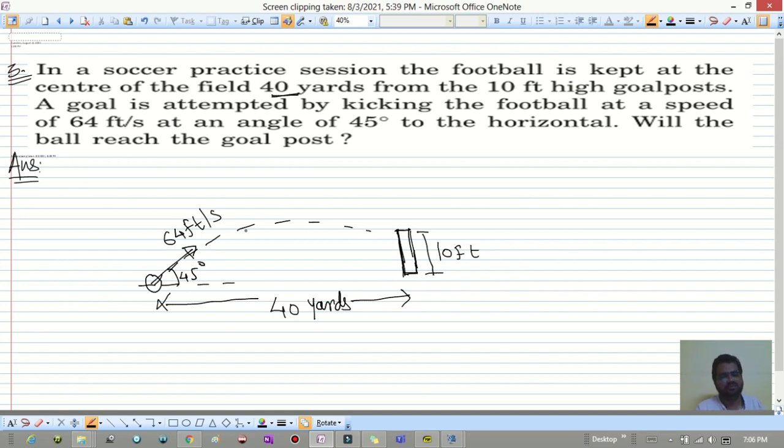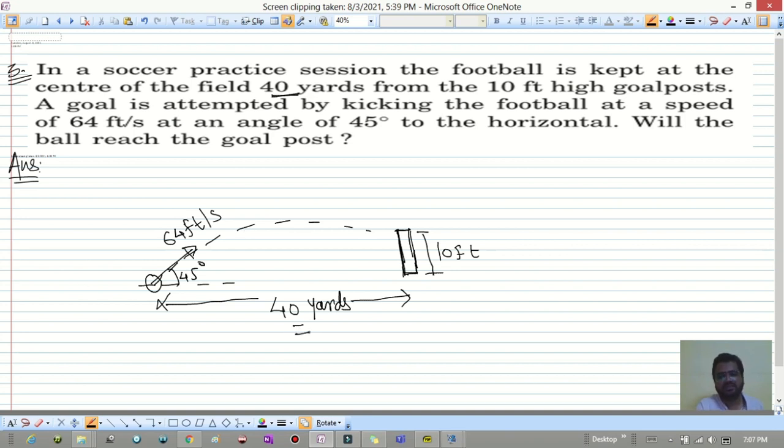So firstly, we have to check what is the relation between yard and feet. So I'll just calculate that. So we have 40 yards in feet as 40 yards into feet, and that is 120 feet.